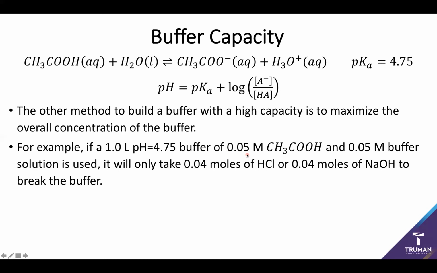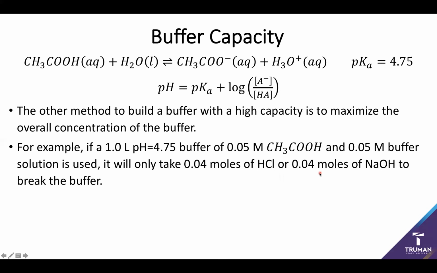Well, logically in this case, it will only take about a tenth as much HCl to bring that ratio all the way to the acidic range, or a tenth as much sodium hydroxide, 0.04 moles now, to bring it all the way to the basic range. So it takes overall less acid or base to, quote unquote, break the buffer.